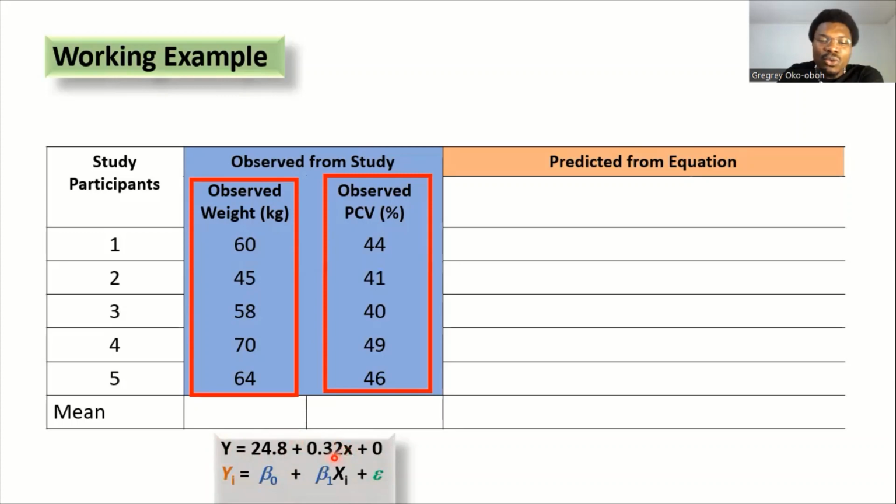The 0.32, on the other hand, is beta 1, which simply means if we increase X, which is weight, by 1 unit, in this case 1 kilogram, by how much will Y change? And here it is 0.32%. So the PCV will increase by 0.32% for a 1 unit increase in the weight of the participant.